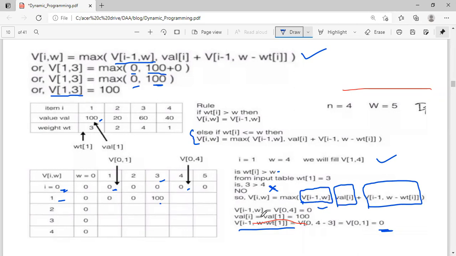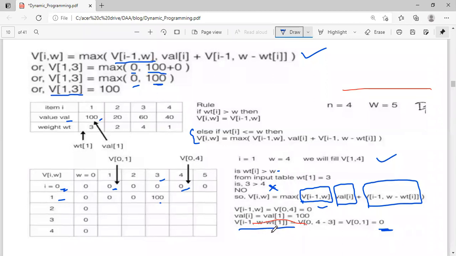I is equal to 1 comma W is equal to 4, V of 0 comma 4. What is this? 1 minus 1 is 0, so 0 comma 4. What is the value in the table? 0 comma 4, the value is 0. The value of item 1, what is the value? It is 100.